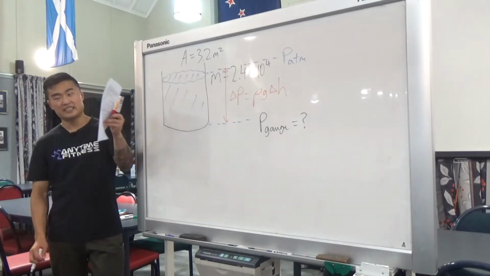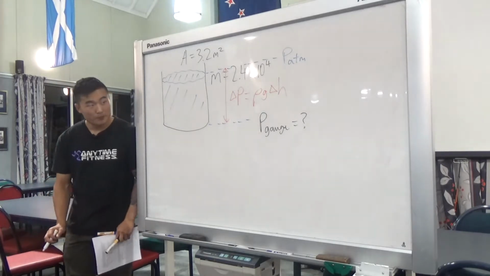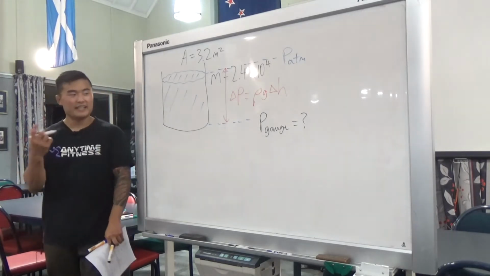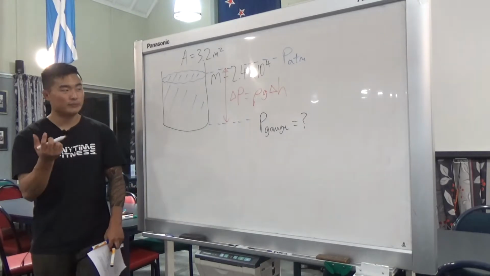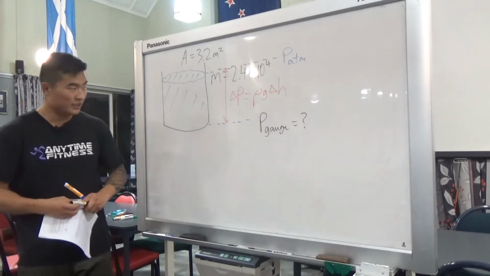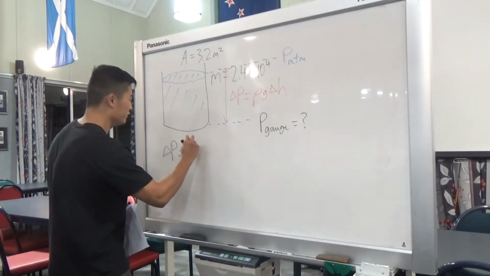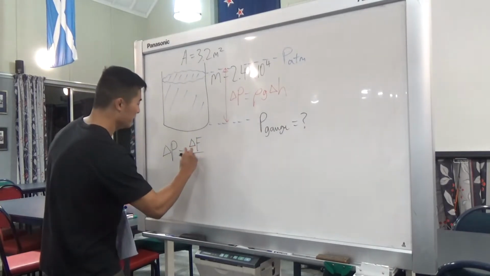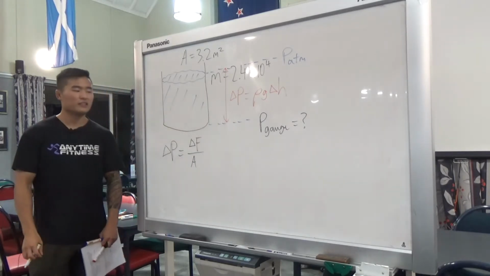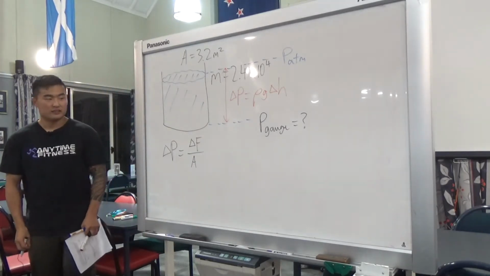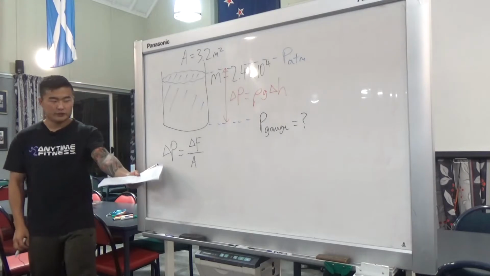We only have the cross-sectional area. So if you remember, we actually had another equation for delta P, and that equation was delta P is equal to delta F over A.